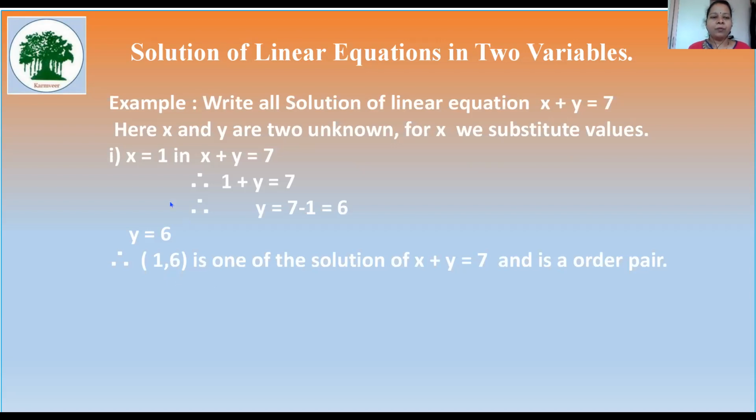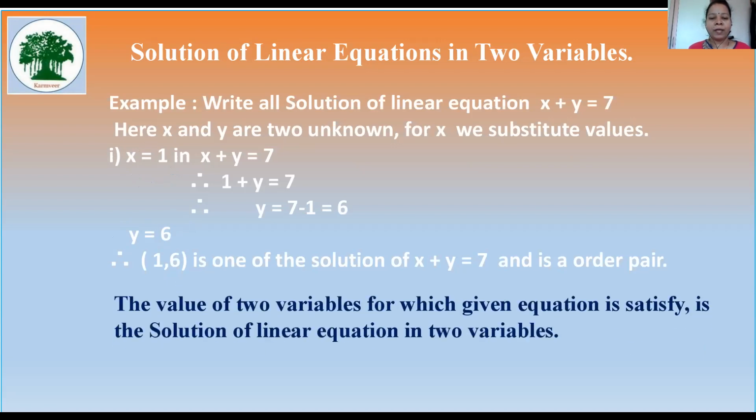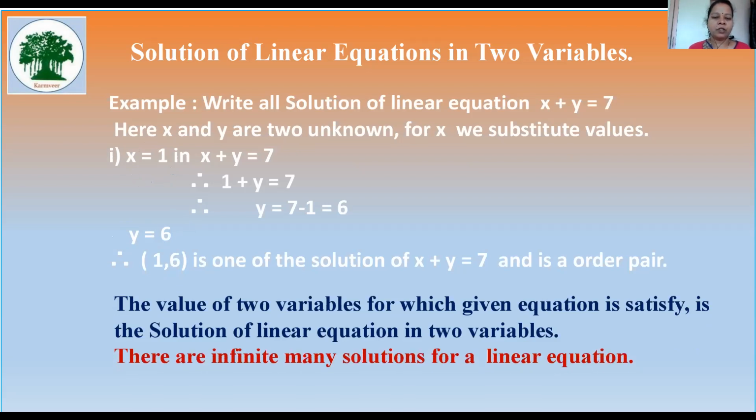Similarly, as we change the value of x, we get more values of y. The values of the two variables for which the given equation is satisfied are the solution of the linear equation in two variables, and a linear equation has infinitely many solutions.